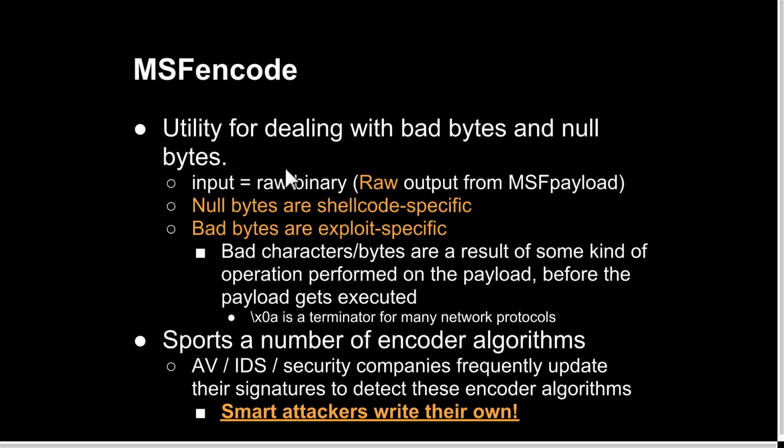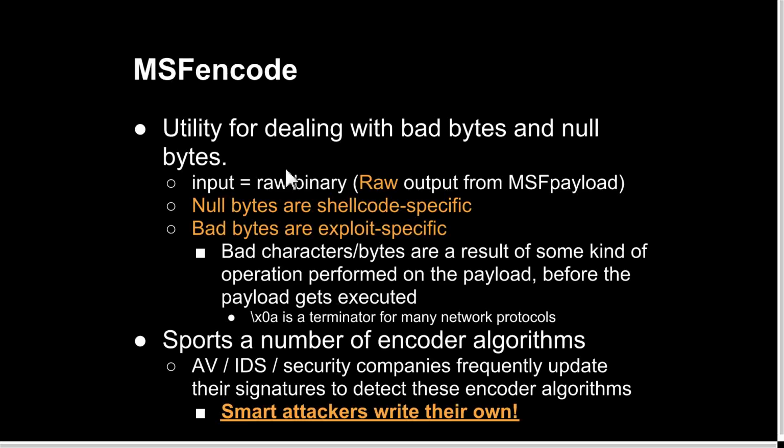So the problem with that is MSF payload does not avoid null bytes, and in many exploits, especially over the network, there are various other factors that can cause a payload to fail, because there are things called bad bytes. In many networking protocols, such as Telnet and others, there are bad bytes that actually indicate the terminator for that string, for that packet, or for that data. So \x0A, I think, is, I can't remember off the top of my head. I think it's new line or something.